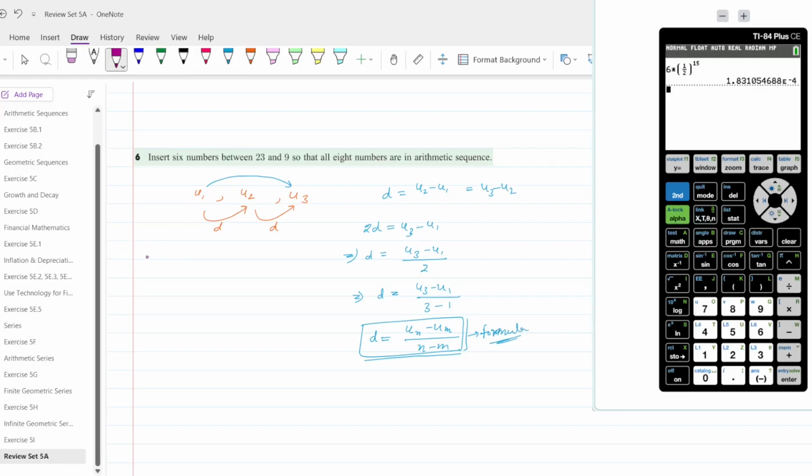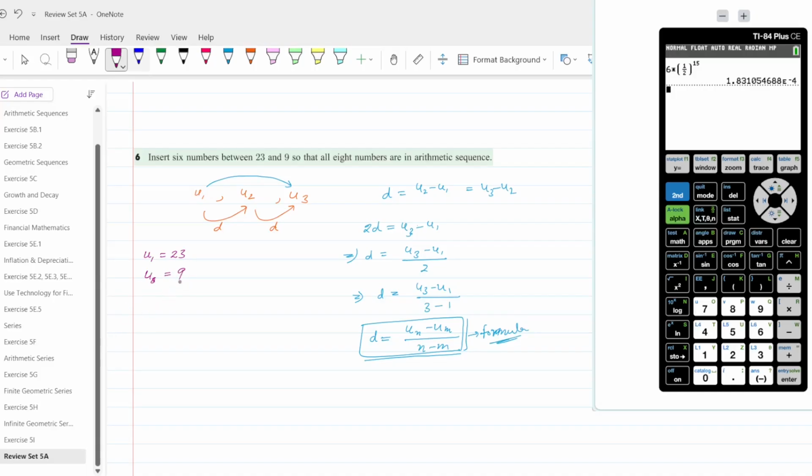Now coming back to the problem, we know u1 is 23, and there are 8 numbers. So u8 equals 9.